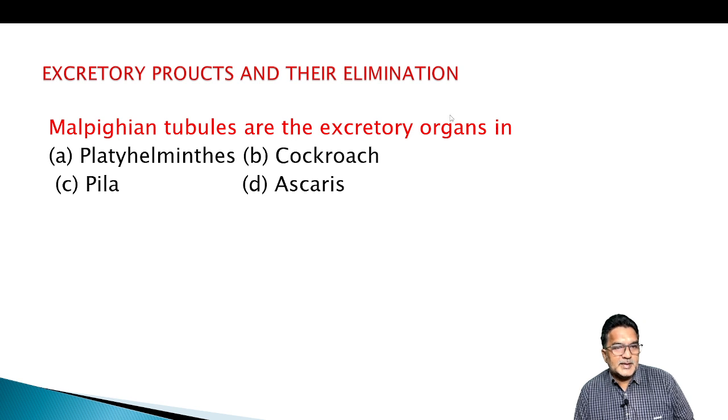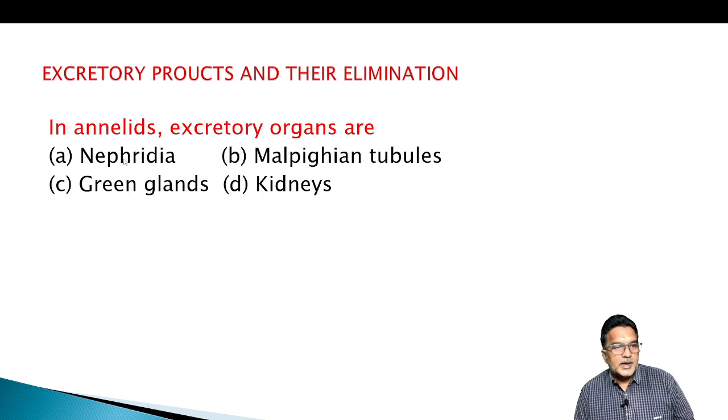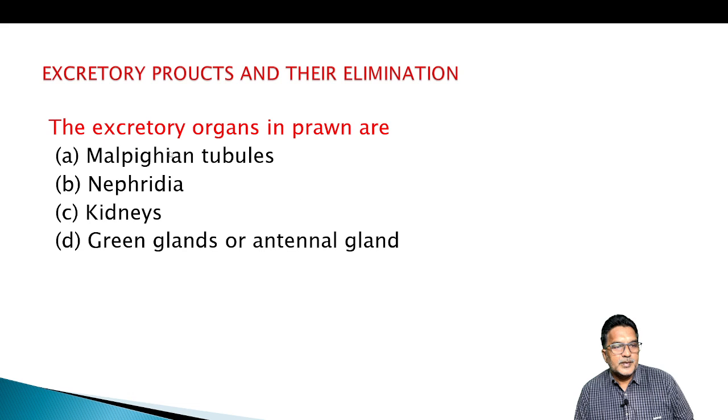Malpighian tubules are the excretory organs in, as we said, cockroach. In annelids, the excretory organs are nephridia. Excretory organs in prawn are the green gland or antennary gland.